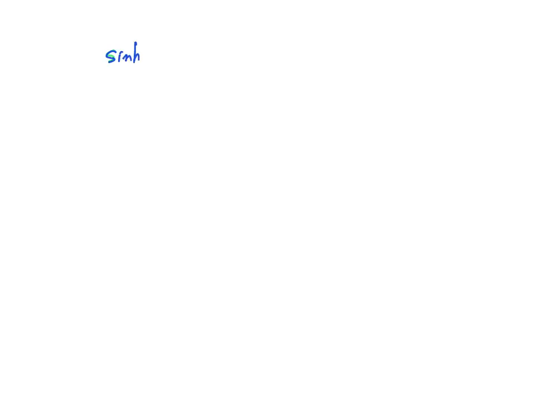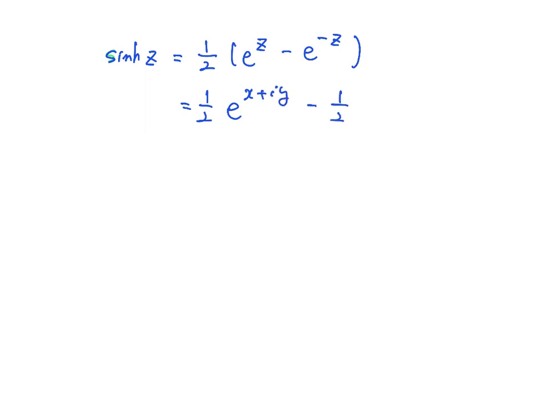Sine hyperbolic z is 1/2 exponential z minus exponential minus z, right? So 1/2 exponential x plus iy minus 1/2 exponential minus x minus iy.